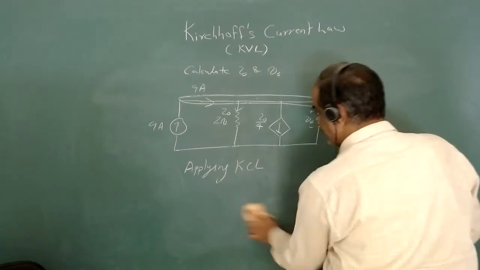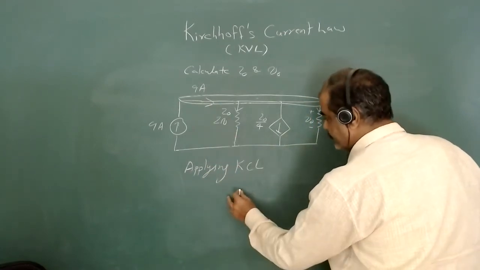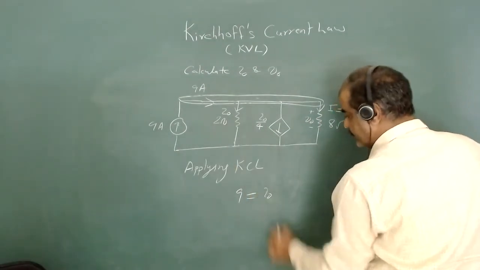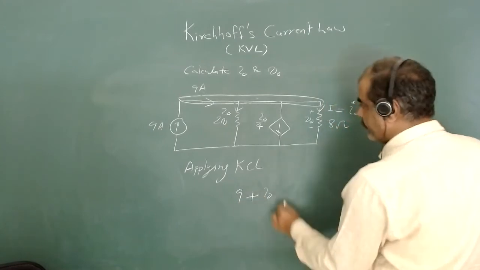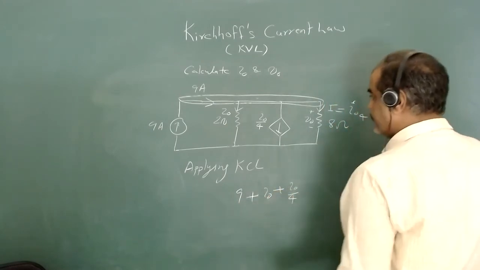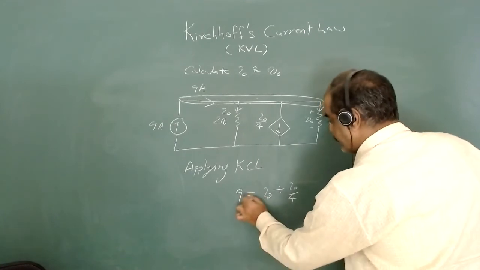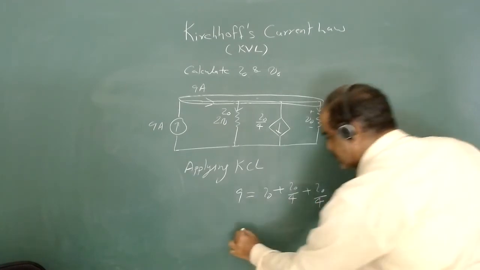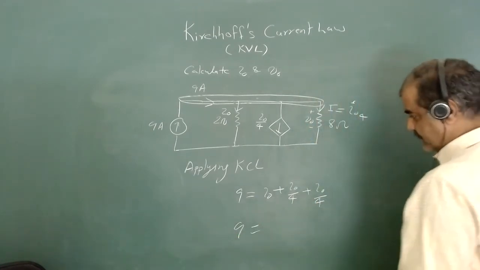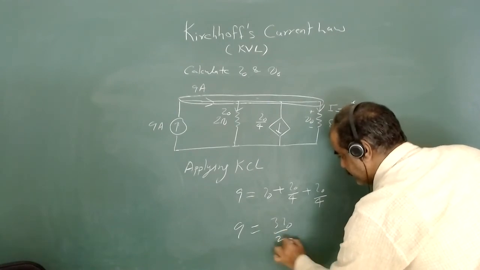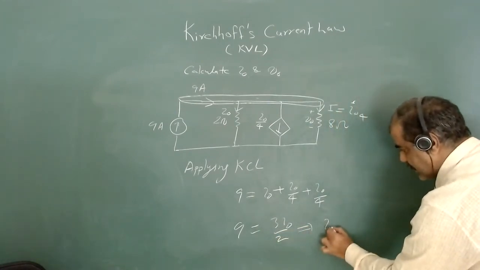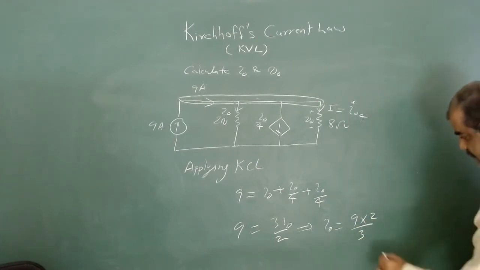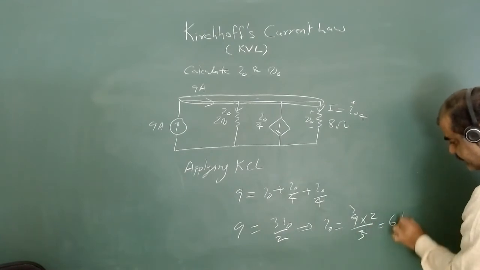The total current entering is 9 ampere. I0 is going here, plus I0 by 4 is going here, and here also I0 by 4. So 9 equals 3 I0 upon 2, which implies I0 equals 9 times 2 upon 3, so this gives me 6 ampere.